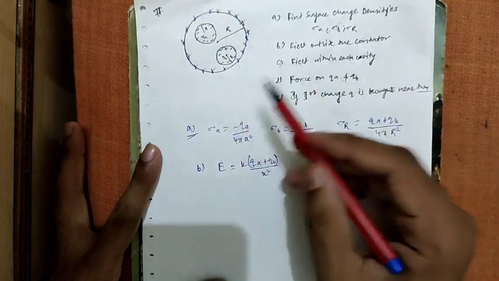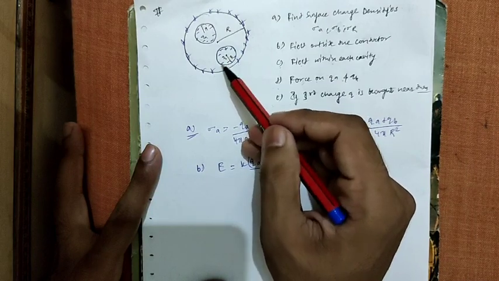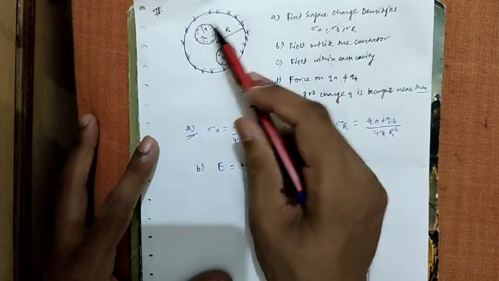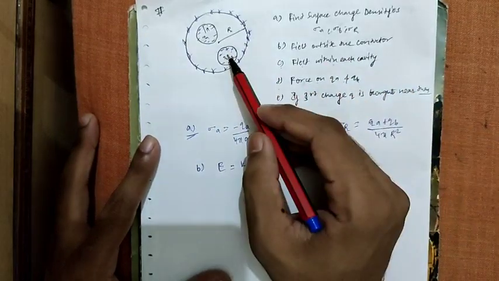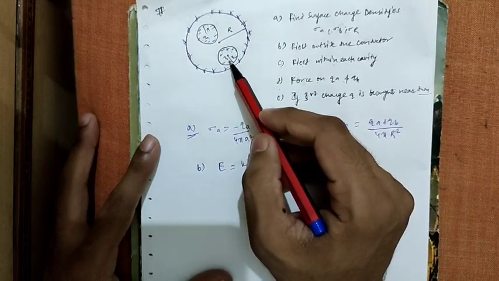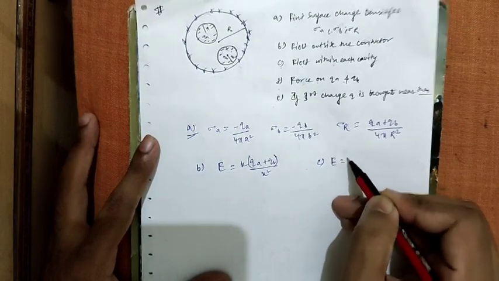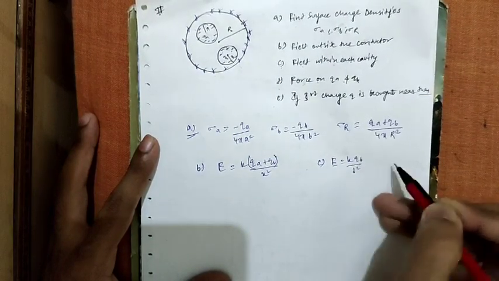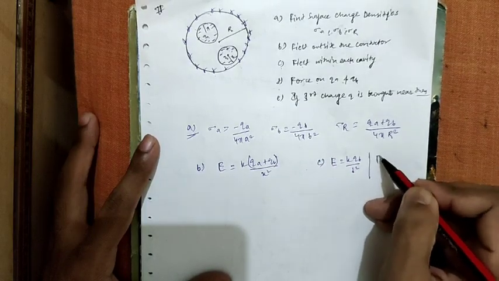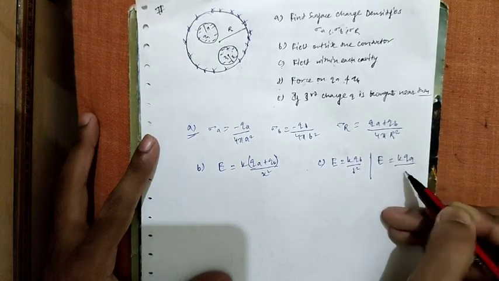As I told you in the previous question also, the field inside is not 0 here, but no electric field can penetrate this metal surface. So inside the radius B cavity we have charge QB, so the electric field inside it is equal to kQB over b square, and the electric field inside the radius A cavity is equal to kQA by a square.